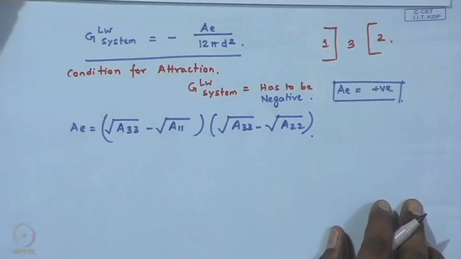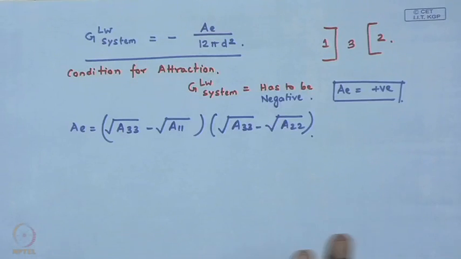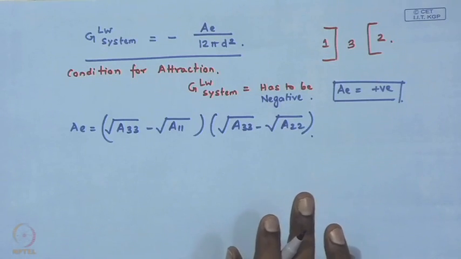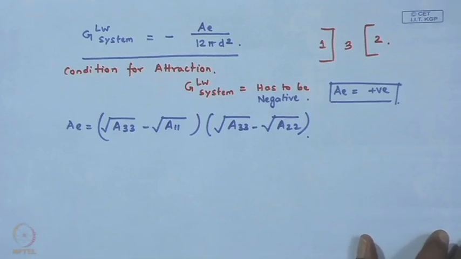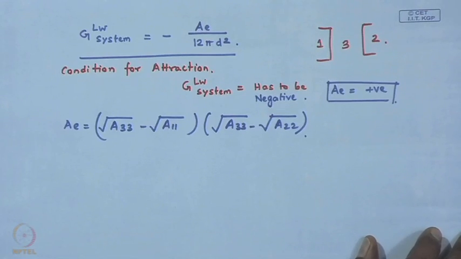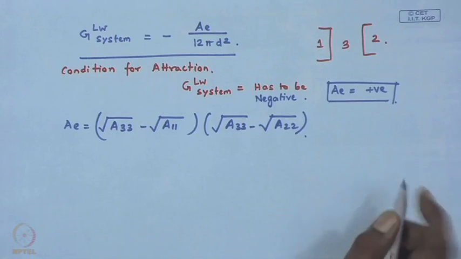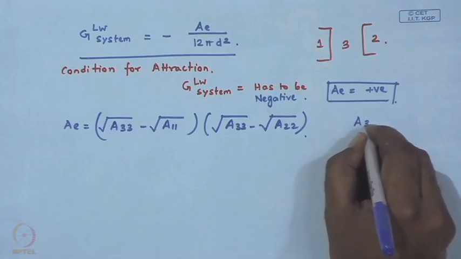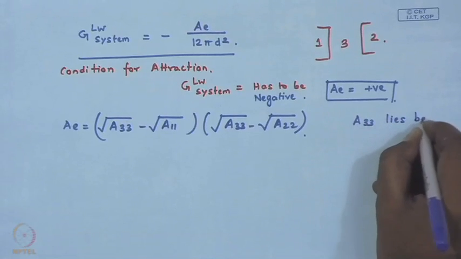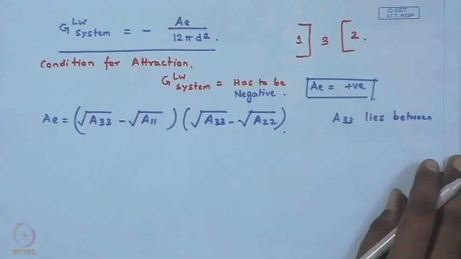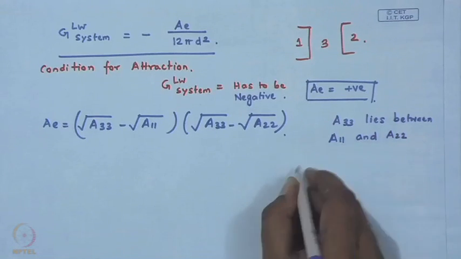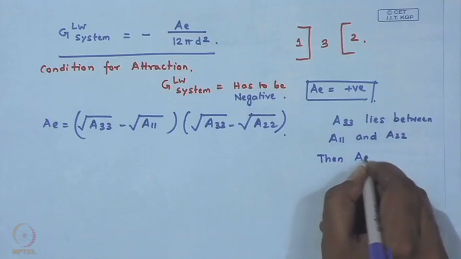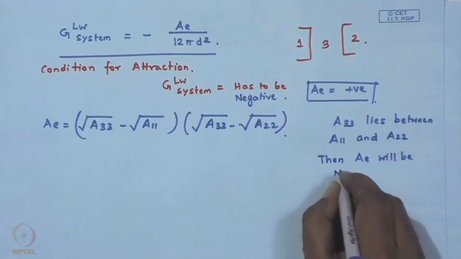Therefore, you can see that it is simple mathematics: if A33 lies between A11 and A22, then AE will be negative.